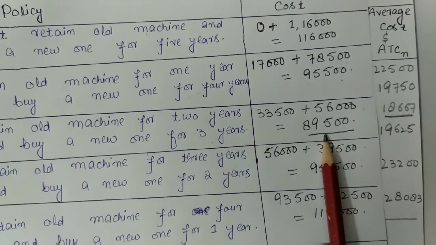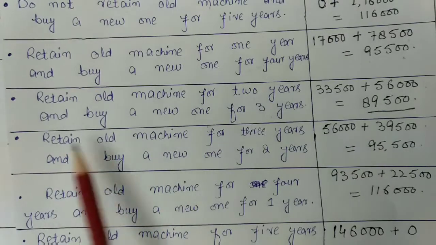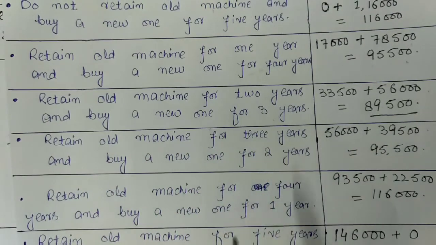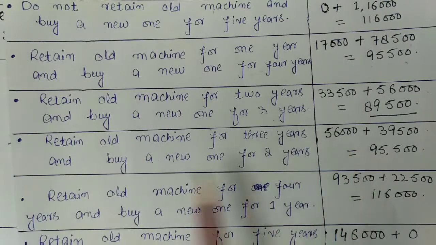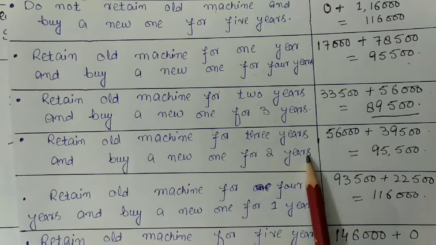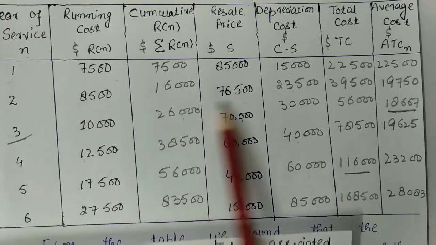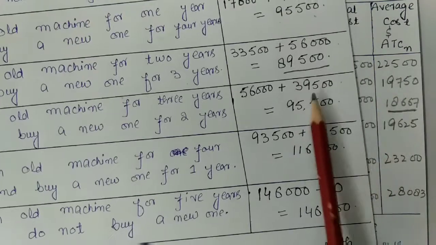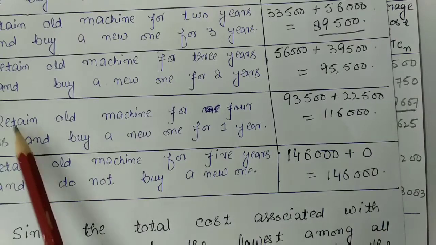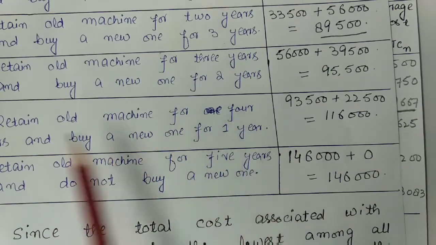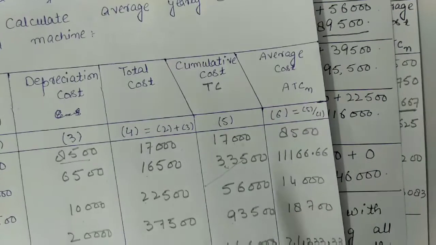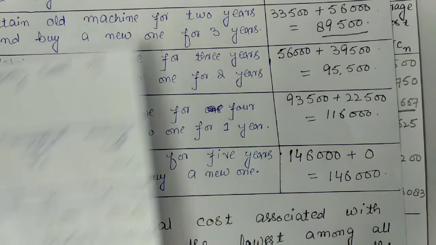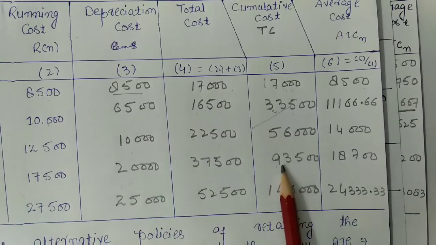Similarly, retaining the old machine for 3 years, it is 56,000, and buy a new one for 2 years. After that, retain the old machine for 4 years, it will become this.